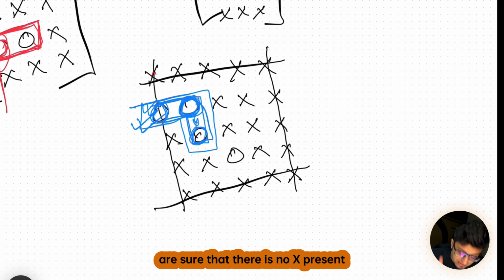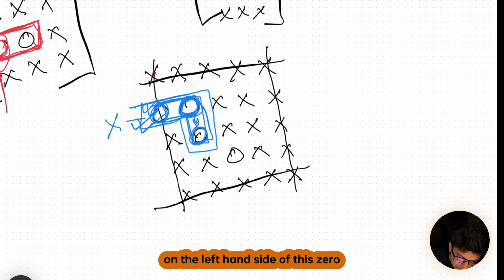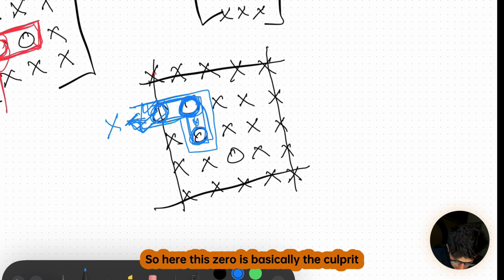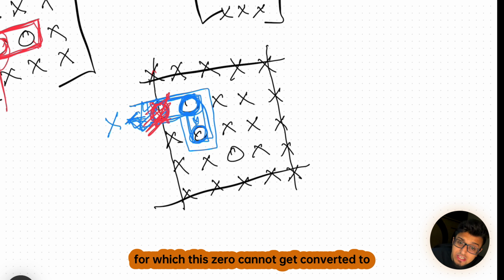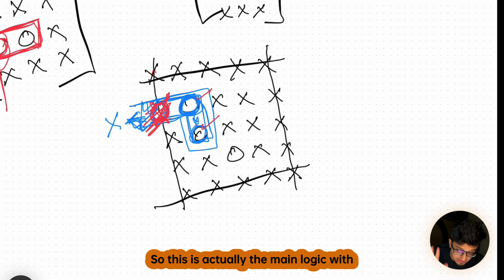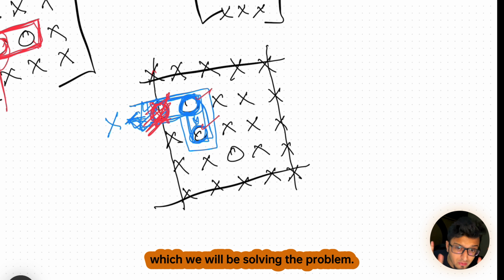Since we are sure that there is no x present on the left hand side of this zero, since it is on the boundary. So this zero is basically the culprit for which this region cannot get converted to x. So this is actually the main logic with which we will be solving the problem.